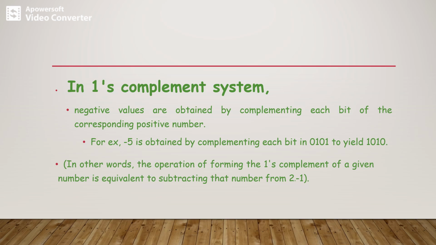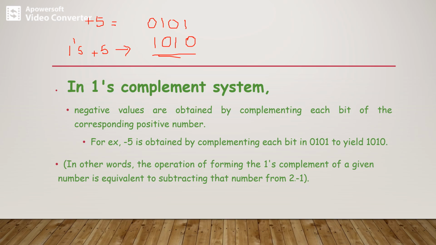So suppose plus 5, we can write it as 0, 1, 0, 1. Now we can complement each bit: 1, 0, 1, 0. So this is nothing but the 1's complement of plus 5. We can obtain it by complementing each and every bit.